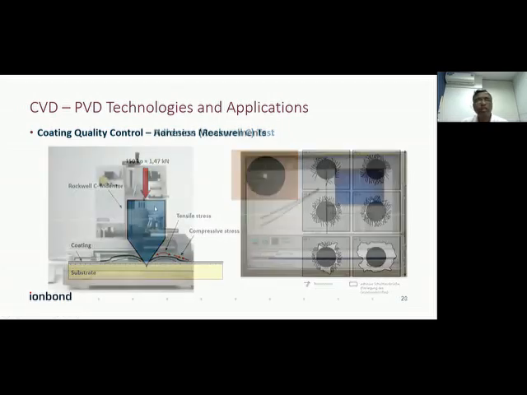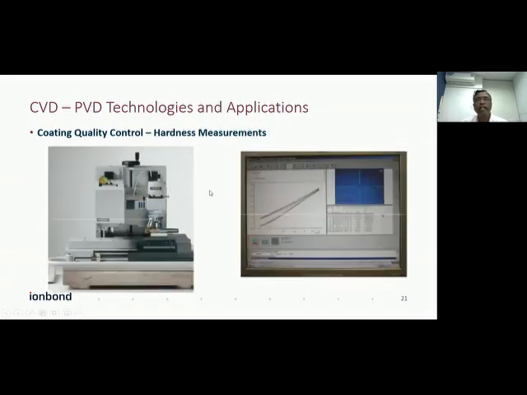And the third one is the coating hardness measurement. Now here we know that all these thin film coatings are in the range of 1 to 10 micron. So if we use a micro hardness tester, where the load is 200 grams or 500 grams, then we will not get the true coating hardness. Rather, we will get the compound hardness of the coating layer as well as the core.